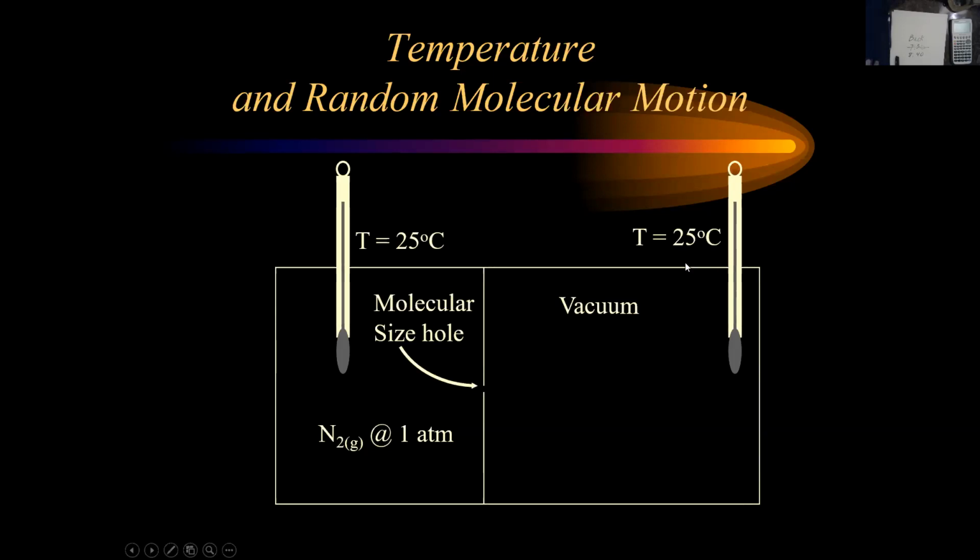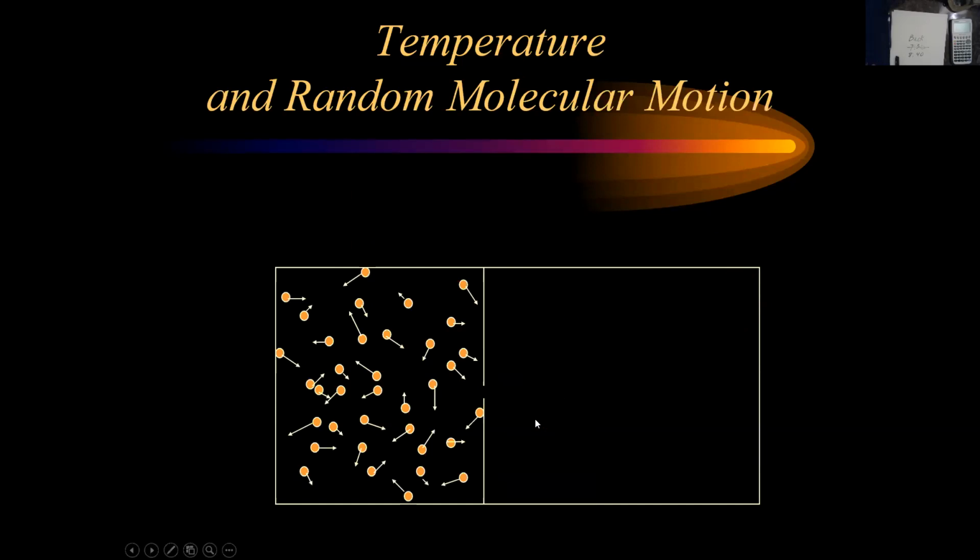Hey, does that surprise anybody? It was 25 over here, and when the nitrogen gets over here, it's 25 also. That perfectly makes sense. But this one may surprise you. If you put a thermometer up close to that hole, the lowest temperature we've been able to measure is 2 degrees above absolute zero.